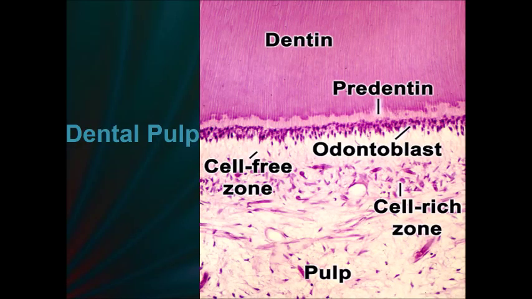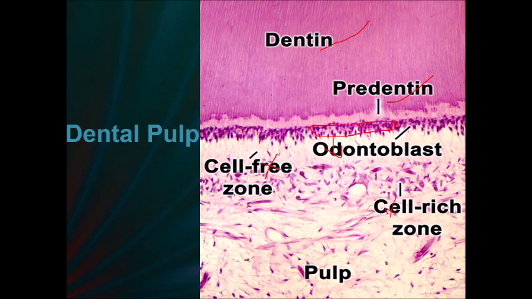This is a decalcified section showing us all the regions of the pulp. We have the odontoblast layer, which we studied last week, the predentine and the dentine. The area below the odontoblastic layer is called the sub-odontoblastic layer and is composed of two parts: the cell-free zone and the cell-rich zone.